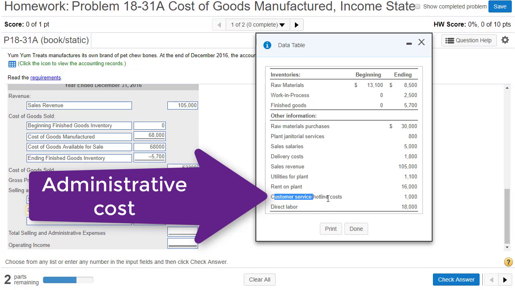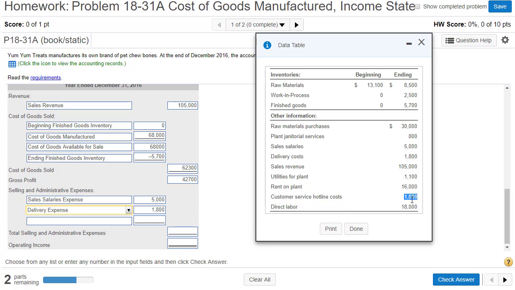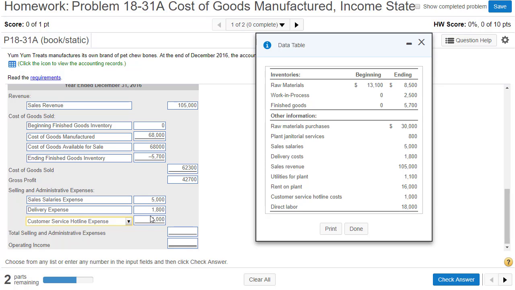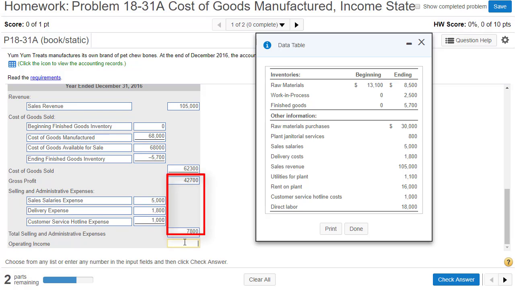There we go. Customer service hotline costs, $1,000. That's definitely not a product cost. So that's going to go in the selling and admin, customer service hotline. So we're going to add these up. 5,000 plus 1,800 plus 1,000 gives us $7,800 of total selling and admin expenses. So we're going to take our gross profit, subtract our selling and admin expenses, and that gives us a profit of $34,900.